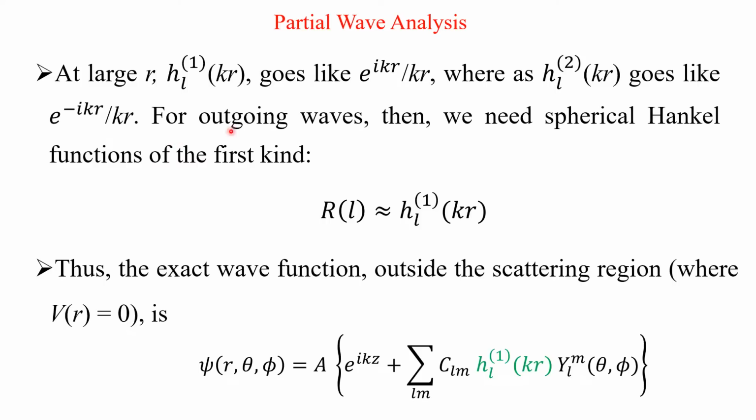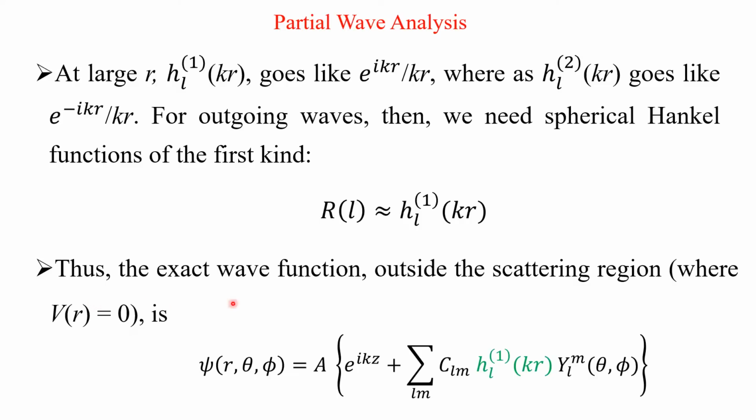So for the outgoing wave, we need the spherical Hankel function of first kind. This represents the outgoing wave. Naturally, the radial part of the wave function is approximately equal to h_l^(1)(kr).